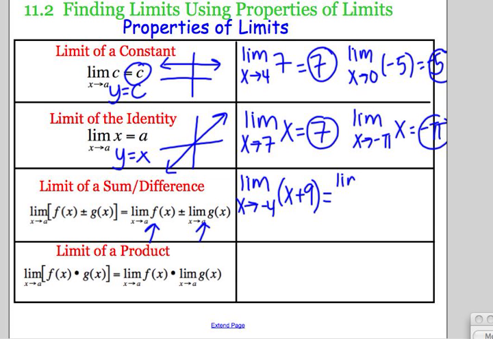I have the limit as x approaches negative 4 of x, plus the limit as x approaches negative 4 of 9. Now, using the properties we just learned, the limit as x approaches negative 4 of x is negative 4, and the limit as x approaches negative 4 of 9 is just 9, and negative 4 plus 9 is 5. And so the answer there is 5.